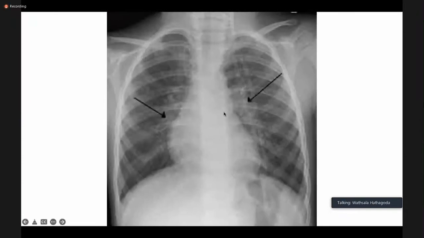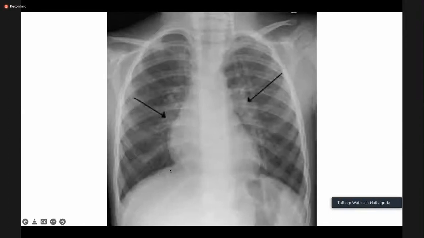Because of the inflammation, you will see bronchiolar thickening. Here you can see the peribronchiolar thickening, right? This is not very clear, but sometimes you can see areas more aerated than the other areas. So there can be areas of hyperinflation and atelectasis. Some of the alveoli are collapsed, but some are overinflated.